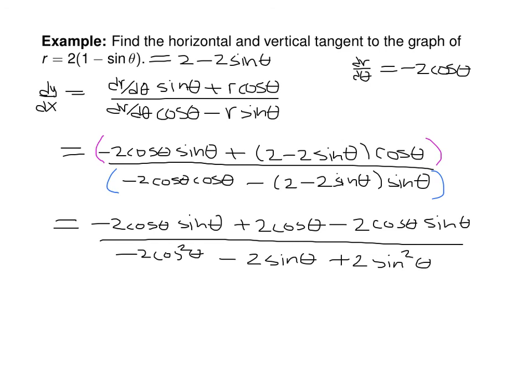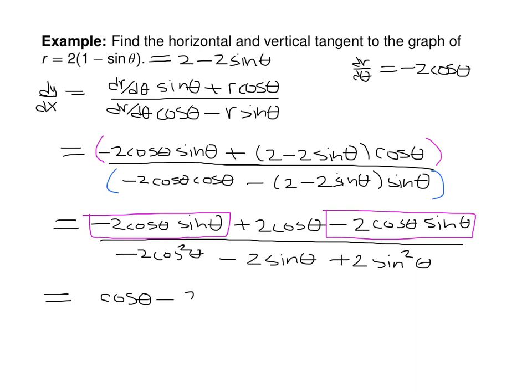Okay, combining a little bit here and there, and let's divide everything by 2, just to make it look a little bit simpler. So I'm also going to, in the same step, combine some like terms. Those two can combine. So we'll have cosine of theta minus 2 cos theta sine theta. Really, they would have added to negative 4 cosine theta sine theta, but I divided it by 2.